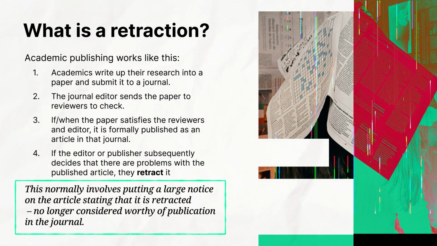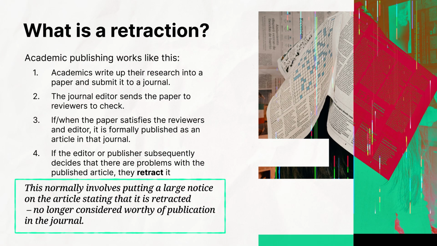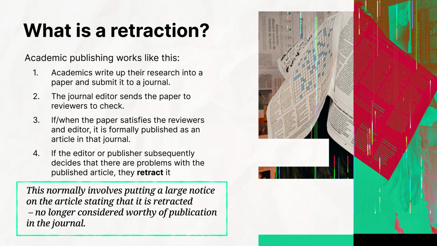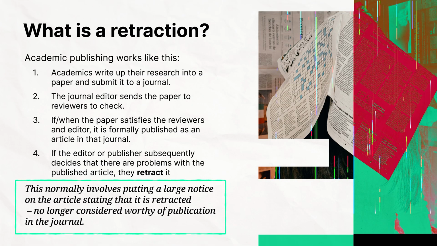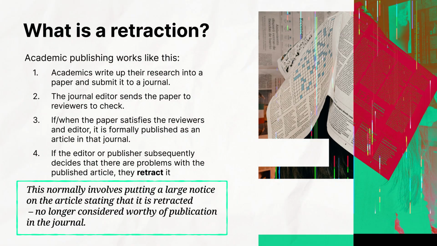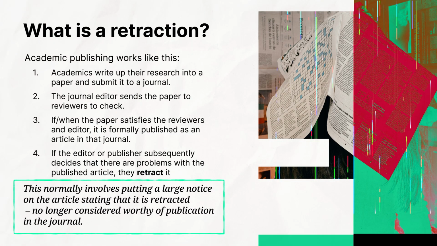Normally it goes on top of the journal article, so you can still read the article, but there's a big sign on it saying this has been retracted, so it no longer counts as published. So it no longer counts as having passed quality control because of one or more problems with it.